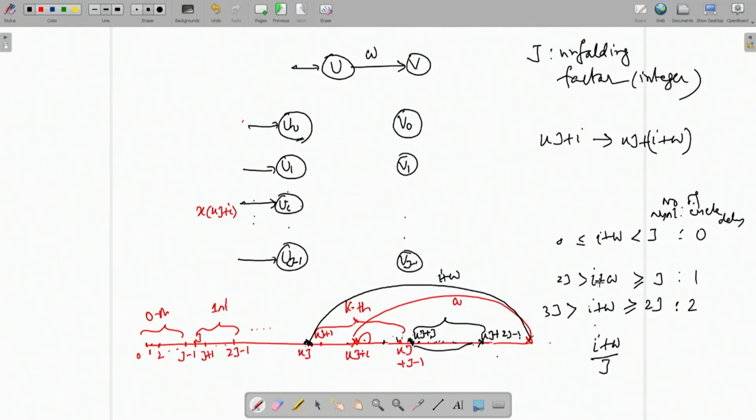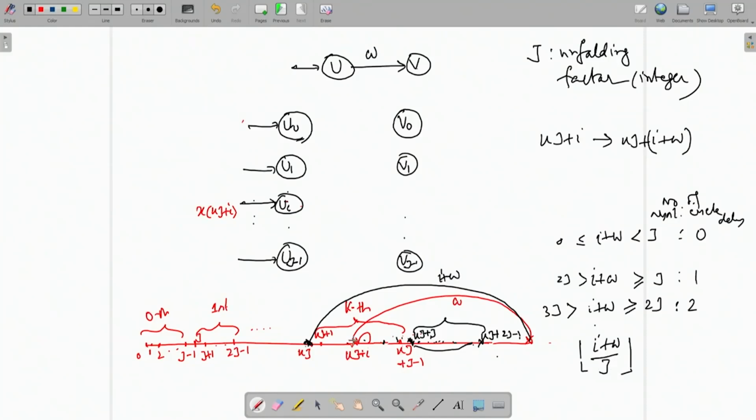If I plus W is greater than equal to J but less than 2J, quotient will be 1 and system cycle delay is 1. If I plus W is greater than equal to 2J but less than 3J, quotient will be 2. Basically, in one I plus W, how many blocks of J size are hidden? That is what we find out by making this division, taking the quotient. The quotient is denoted by this floor. That many system cycle delay is required.